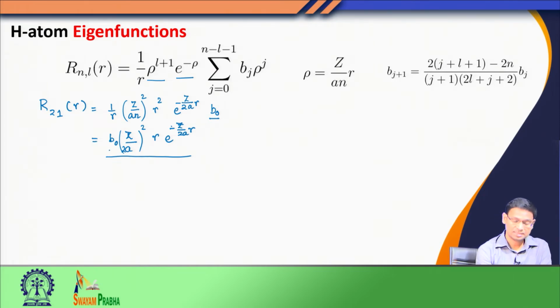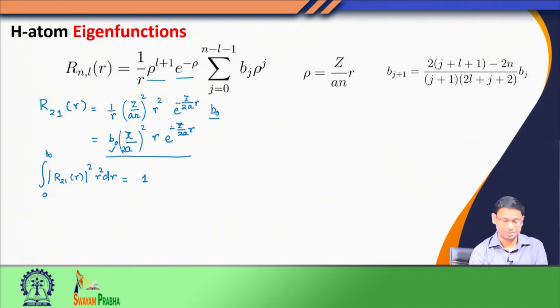What do I see? I see B 0, the unknown. I already know how I would get this unknown. I would simply normalize this function. When I normalize this function and make it 1, I would determine the value of B 0. I would encourage you to do this for yourself.